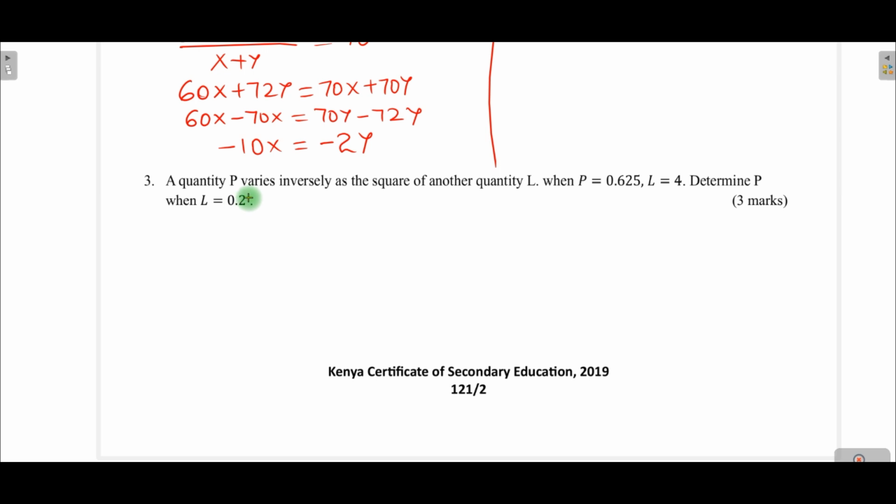Now, here P varies inversely as the square of another, so 1 over L squared. And therefore, we introduce a constant value. This will be P is equal to K over L squared, whereby K is a constant term.